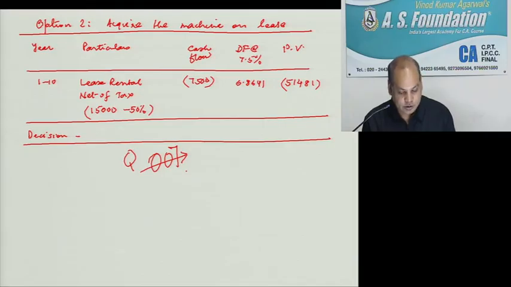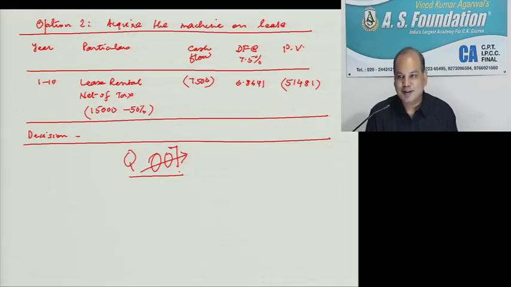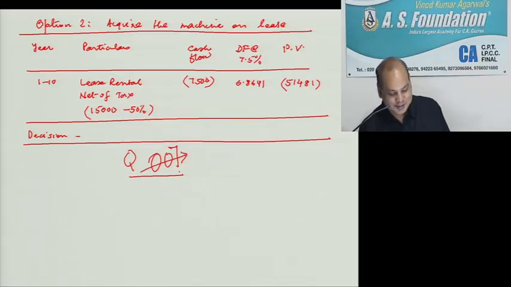So this time the question is from the lessor's point of view. The price quoted by the manufacturer of the machine is rupees 3 lakh, 10% GST extra.